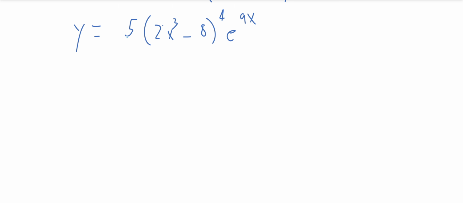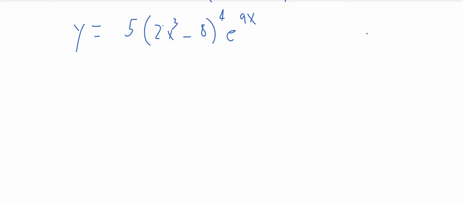So here you have one function, 5 (2x cubed minus 8) to the 4, multiplied by another function, e to the power 9x. If you were to use the more traditional long-form chain rule method for this, then it can become very confusing and you'll have lots of dy by du's by dx's all over the place. But if you use the shortcut method, it's a lot simpler and a lot faster.